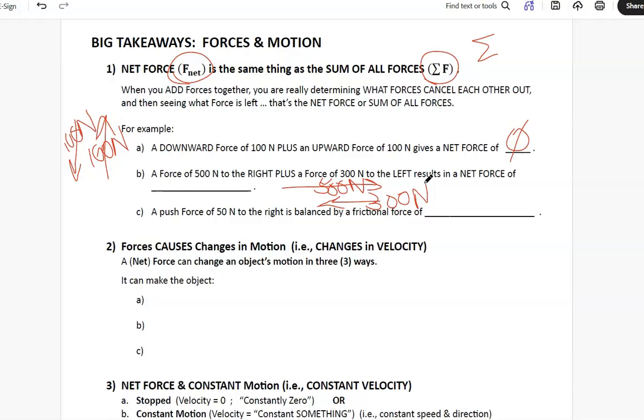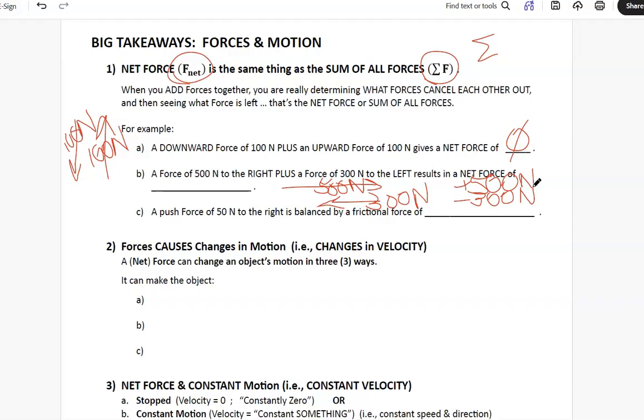If you want to figure it out mathematically, it's easier to turn these numbers into positives and negatives. You can treat the 500 newton force, since it's going to the right, as a plus 500 newton force. And the force to the left of 300 newtons is a negative 300 newton force. Remember, to the right is positive and the left is negative.